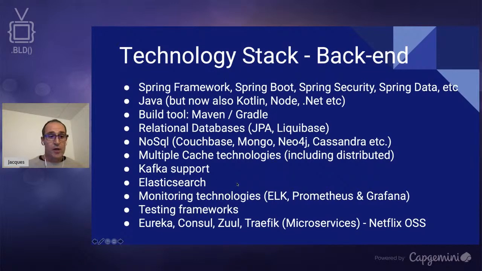It's got built-in monitoring technologies, including the ELK stack. ELK stands for Elasticsearch, Logstash, and Kibana. And then obviously Prometheus and Grafana, which is leveraged off the Spring Actuator project. It also includes testing frameworks on the backend, and specifically for microservices, it includes Eureka, Consul, Zuul, and Traefik, which is pretty much built on the code donated by Netflix, the Netflix open source software stack.